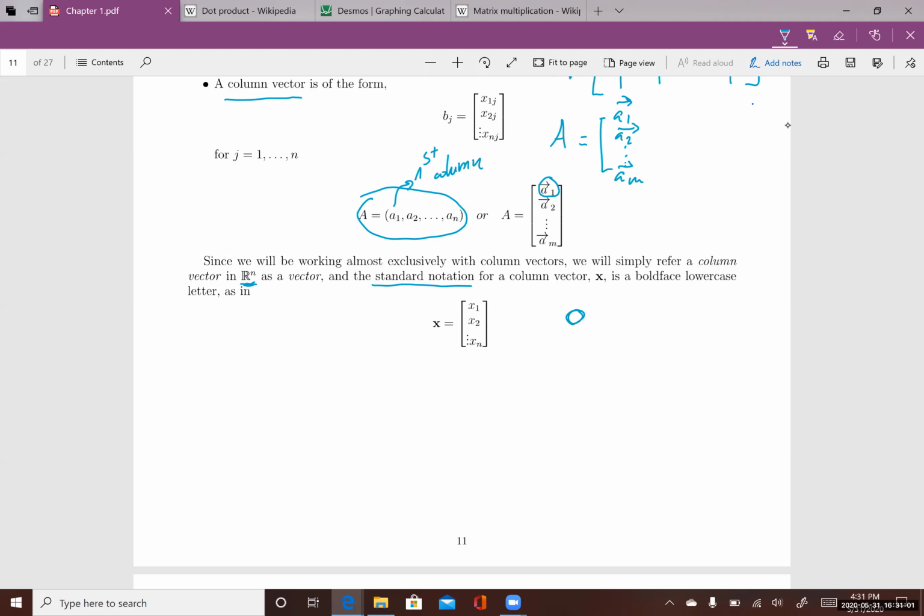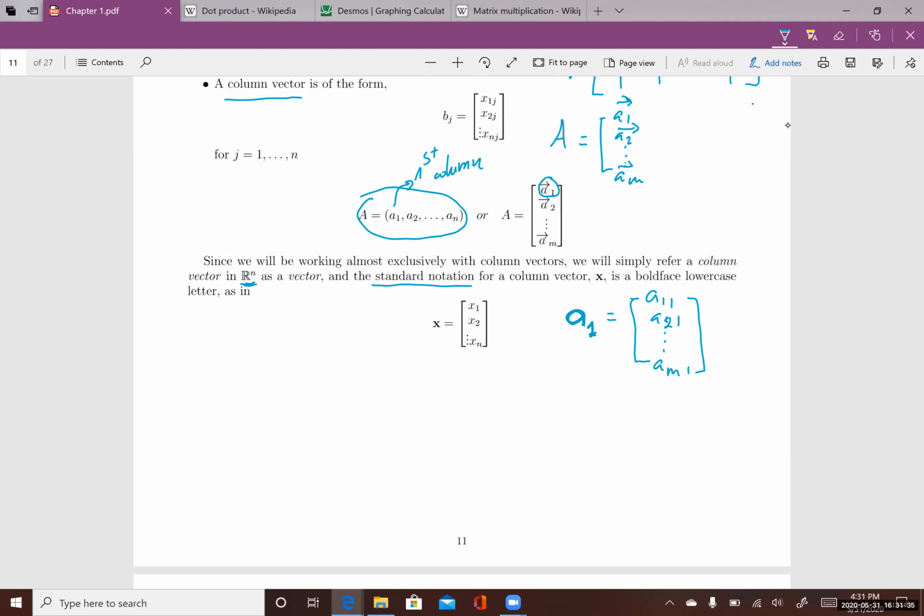Later on, if a1 is the first column vector in matrix A, then we write bold-faced lowercase a1, with entries a11, a21, down to am1.